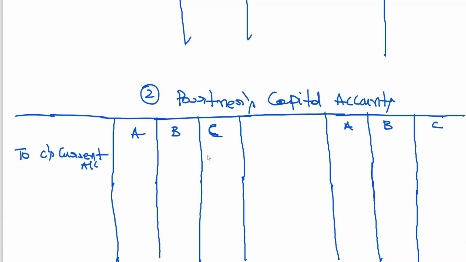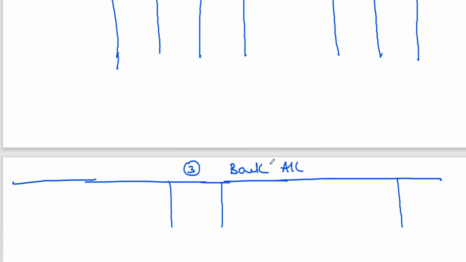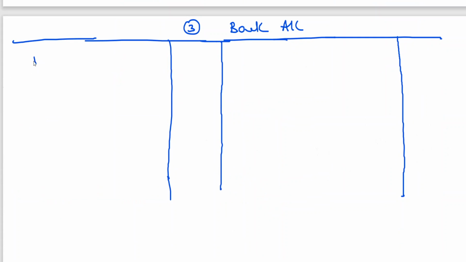Please remember, an asset-side current account balance or asset-side loan account balance will ultimately be transferred to the partners' capital account. This will be useful in coming problems. How much do I need to write here? 2,000 rupees. Okay, then next, bank account 33,500. I've already opened the bank account, so I'm writing to balance brought down.